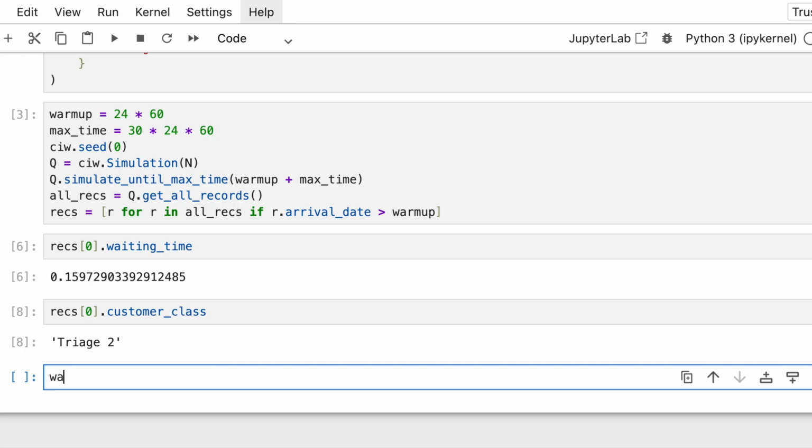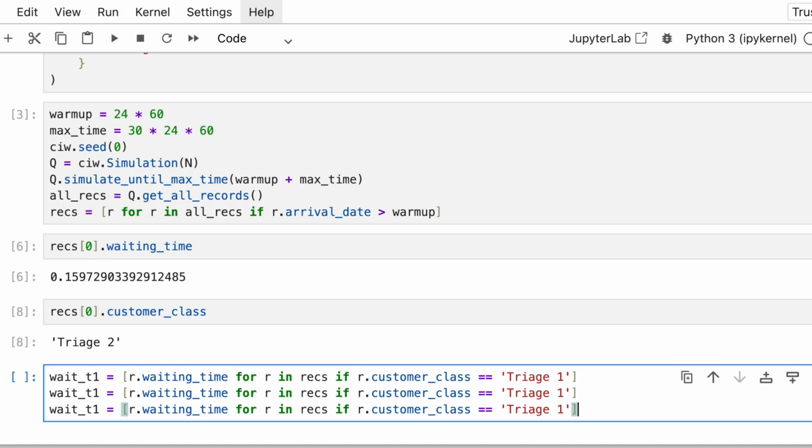So what is a list of all the waiting times for people in triage category 1? That will be record.waiting_time for record in our filtered records if that record's customer class is equal to triage category 1. We can do the same thing then for each triage category.